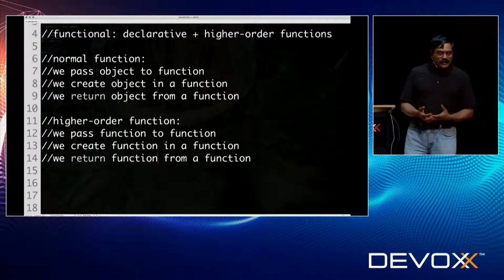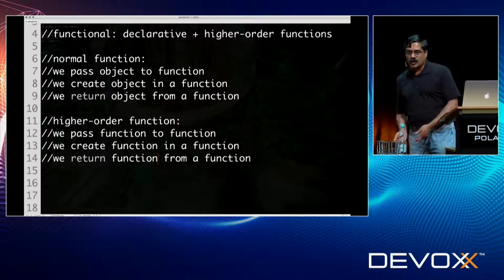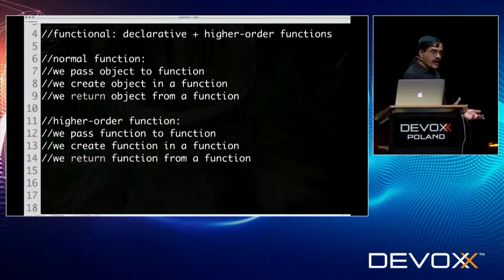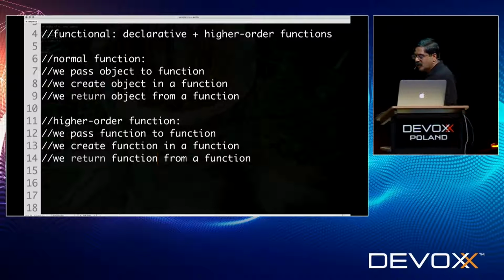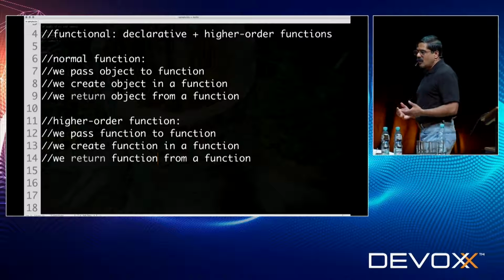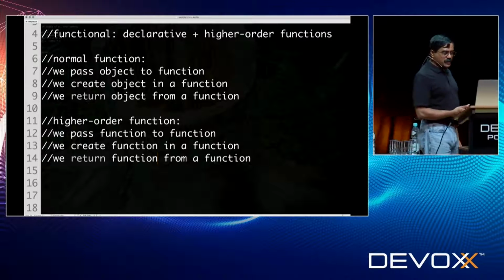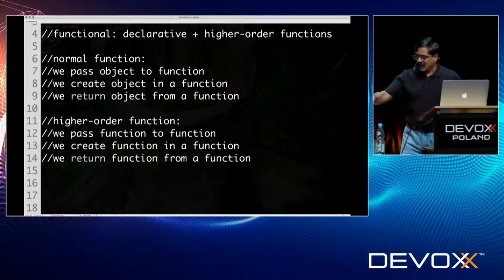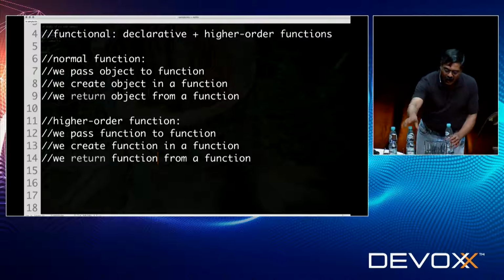So a higher order function is a function that may not just receive, create, or return objects, it may receive, create, or return functions as well. And one of the cool things about doing this is, in addition to doing object composition, we can also do functional composition.